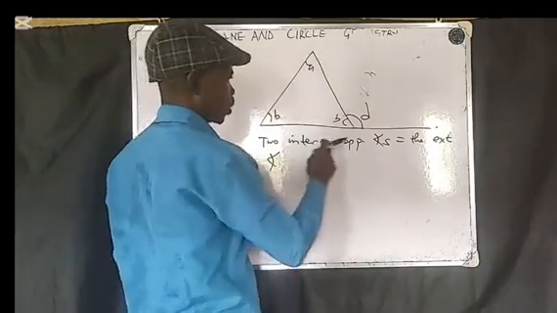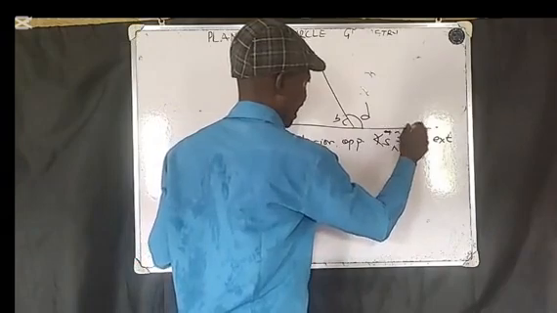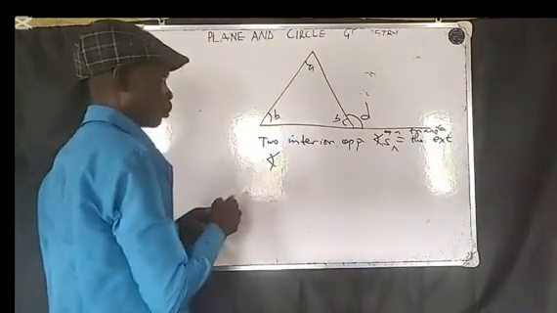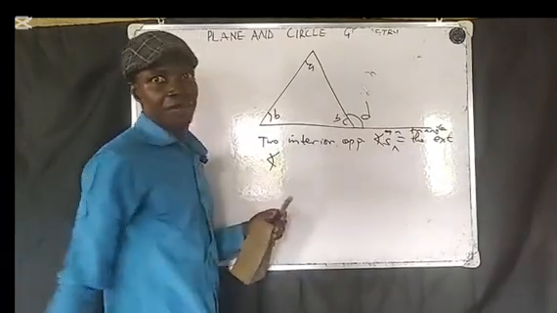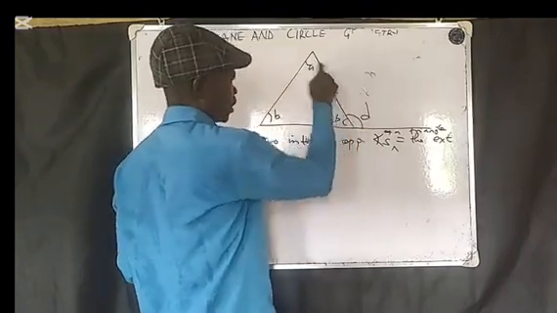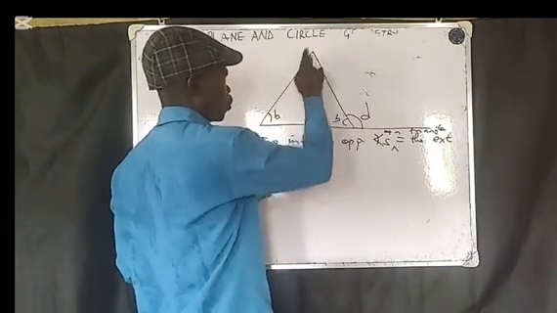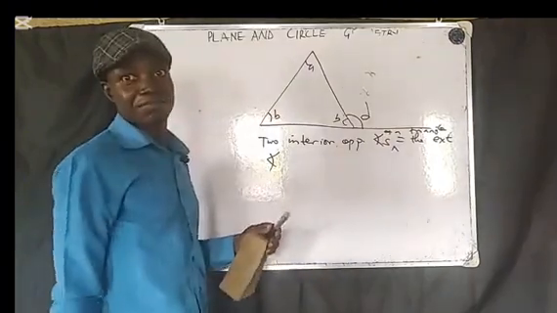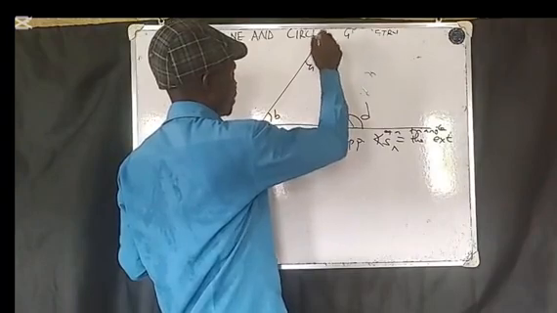Or this exterior angle of a triangle is equal to the 2 interior opposite angles of the triangle. Is that clear? Yes, sir. The exterior angle could be here too, could also be here.